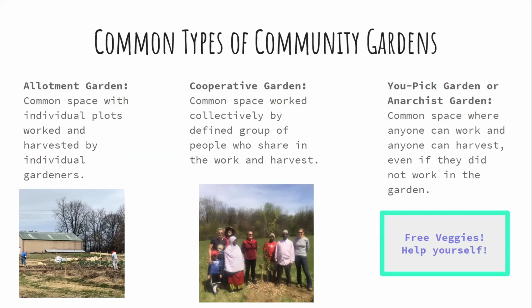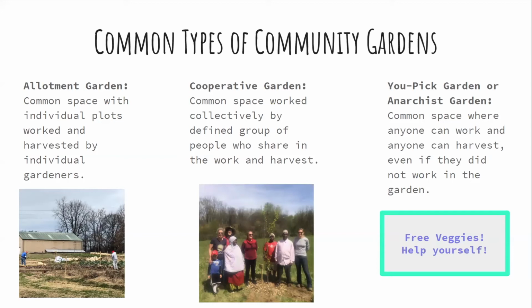The final type of community garden is the U-Pick, or what the University of Louisville lovingly calls the anarchist community garden, because they have one of these on their campus. I just love that term, so I've adopted it from them. The anarchist community garden is a common garden space that really has no plan.